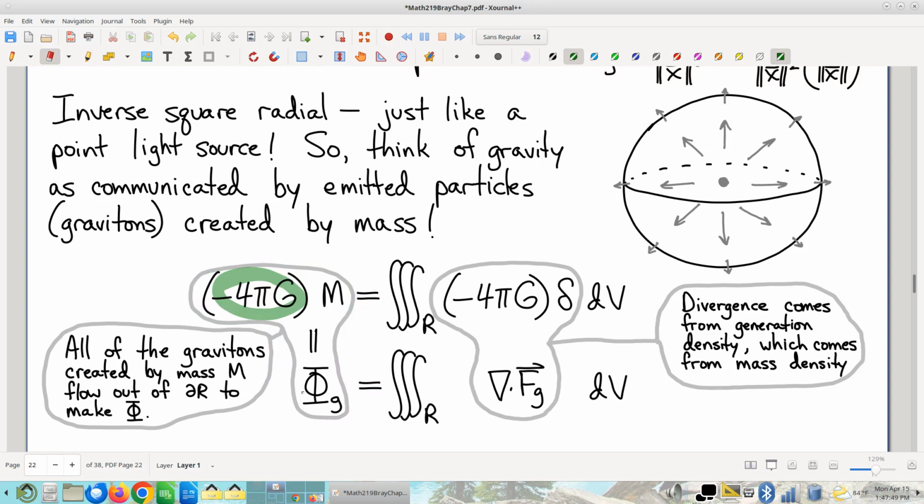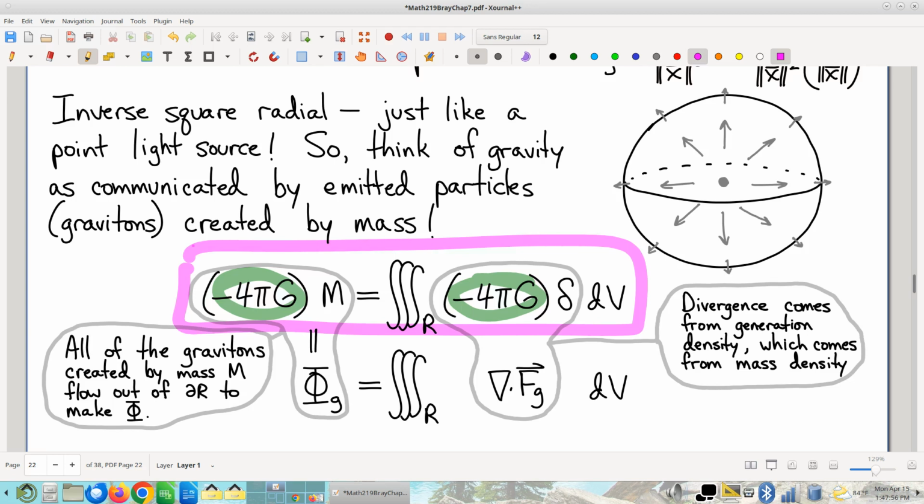So that said, looking at everything in this equation except for the negative 4 pi G, notice all it says is mass is a triple integral of density. So that top line is a freebie. Right? We've been computing mass as a triple integral of density since a month ago or more. It's a long time ago.